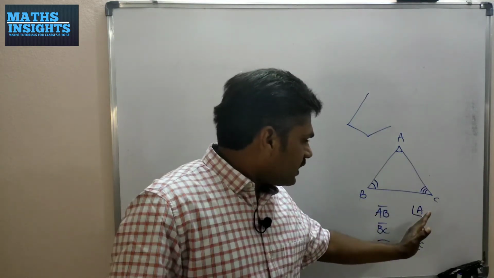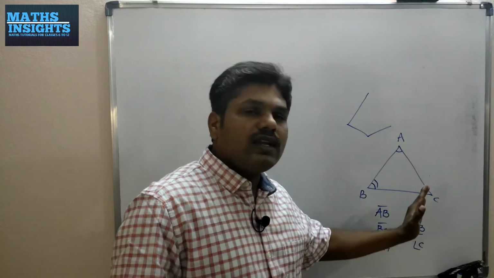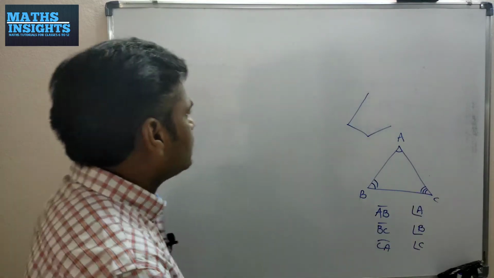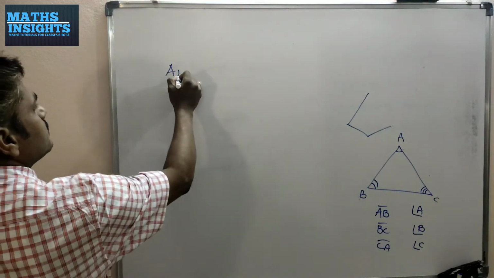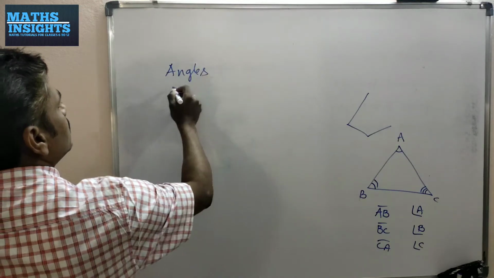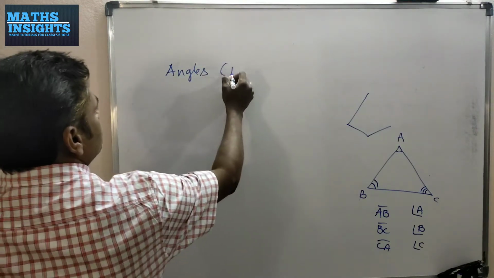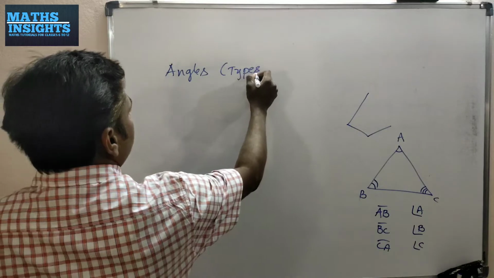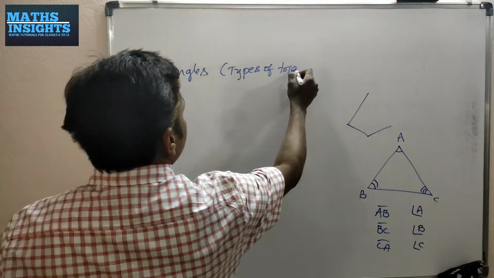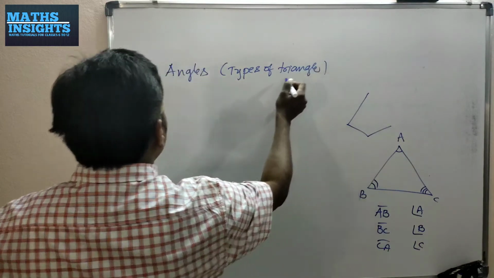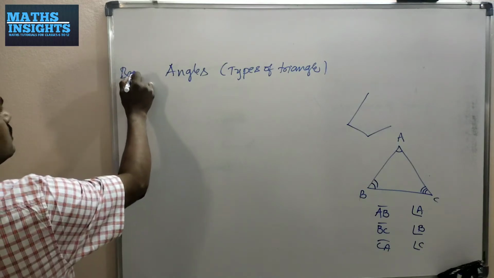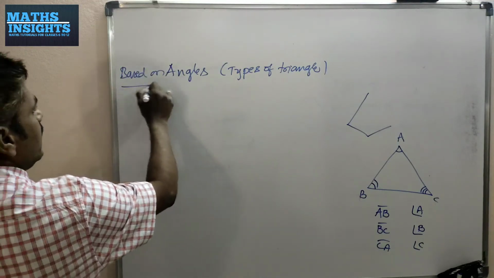First, I will categorize the types of triangles based on the angles. So angles, types of triangles based on angles.